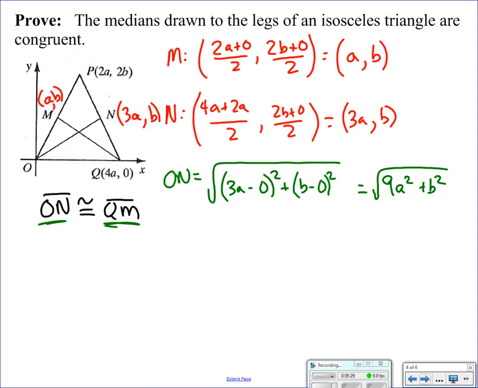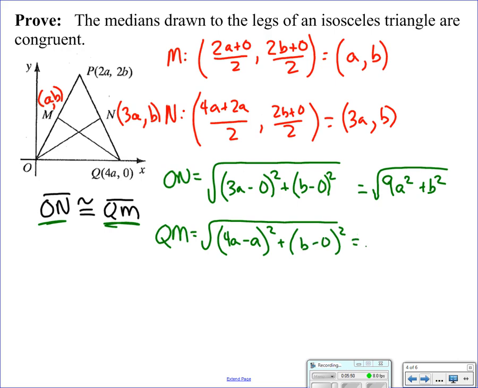So then find QM, and that's the square root of 4a minus a and b minus 0. So 4a minus a is 3 squared is 9a squared plus b squared. So ON is congruent to QM by using our distance formula.